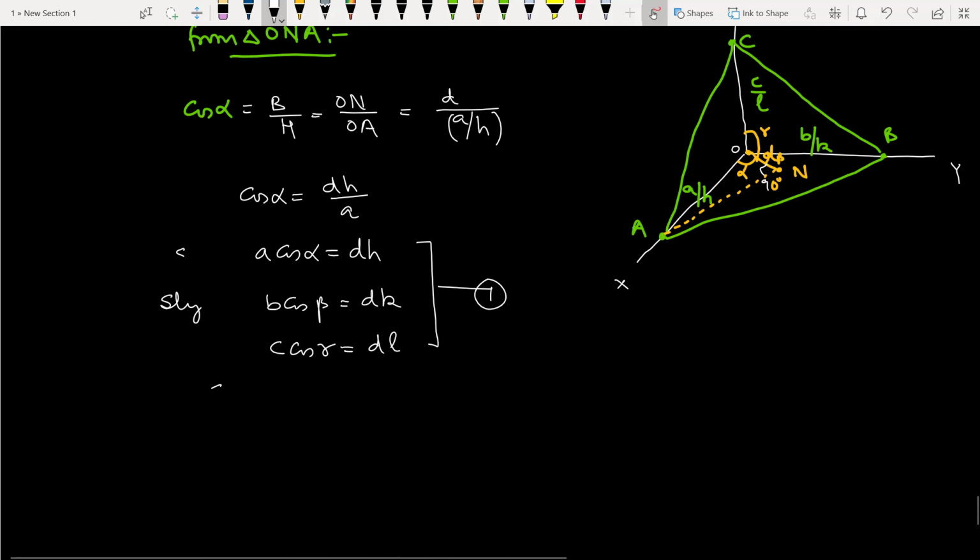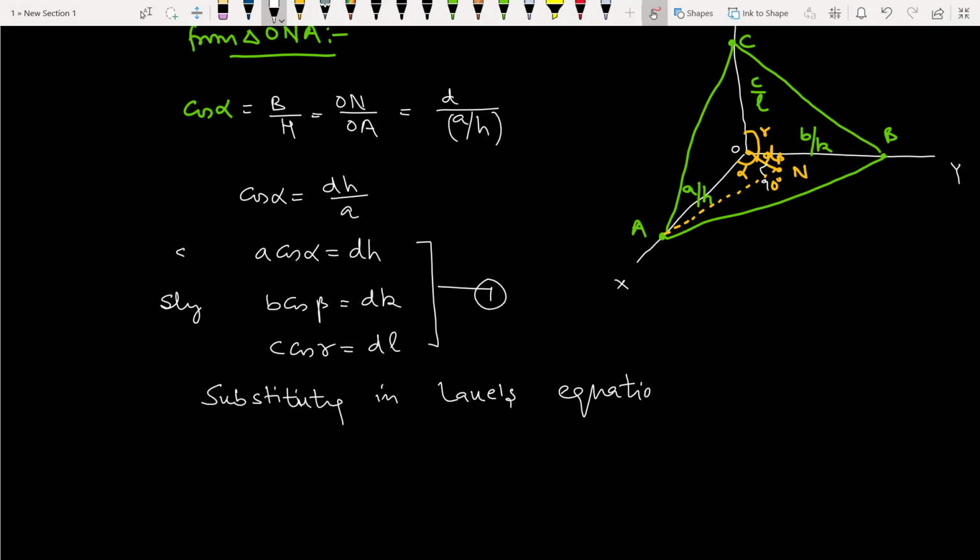Substituting this in the Laue equations, it will be 2 sin theta into dh is equal to nh lambda.